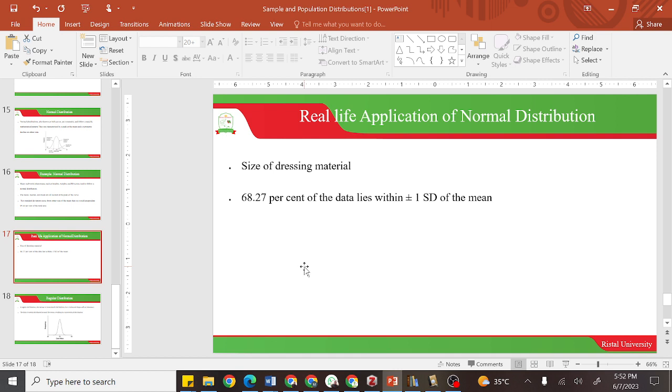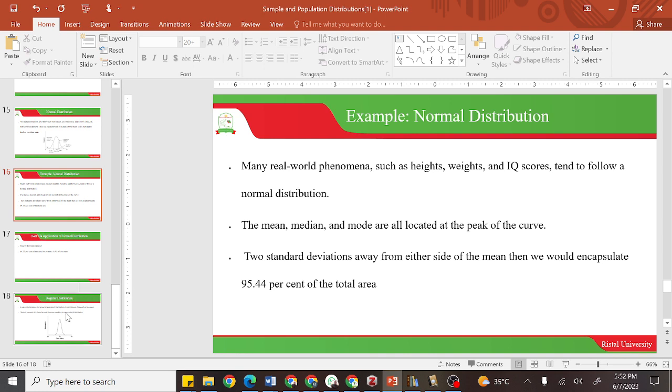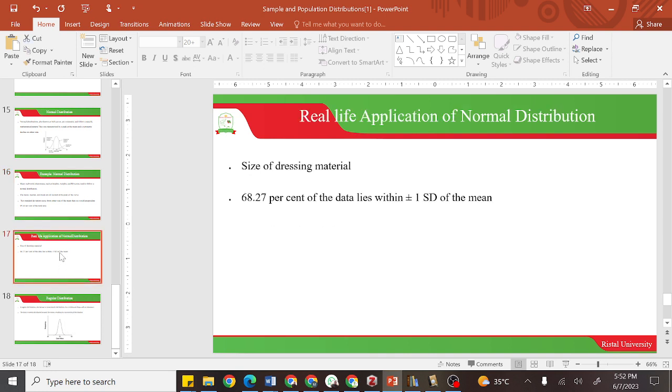You know that for the three types of adult cuffs that you have bought, at least 68% of the people who come to the facility will be able to take their blood pressure accurately, because you have the appropriate size of the blood pressure cuffs. So that is the implication. Therefore, the distribution enables us to make predictions.